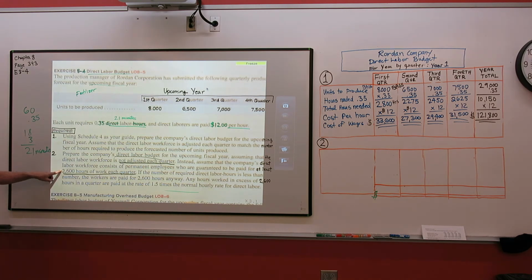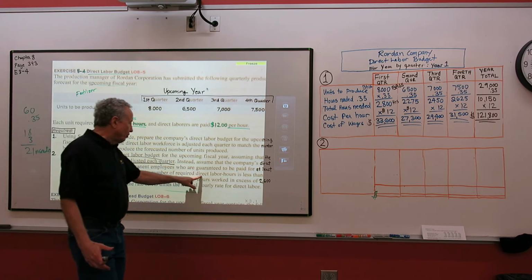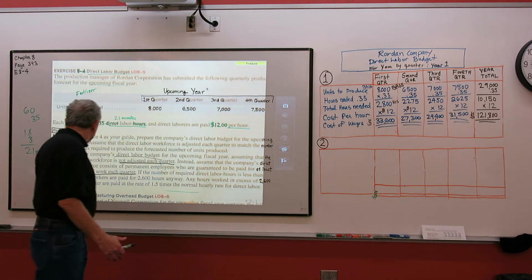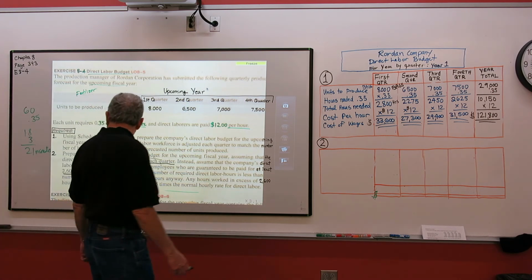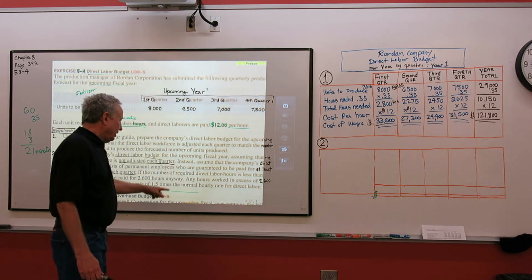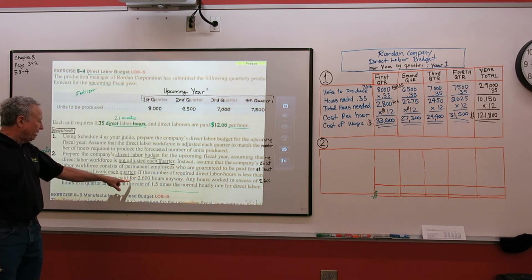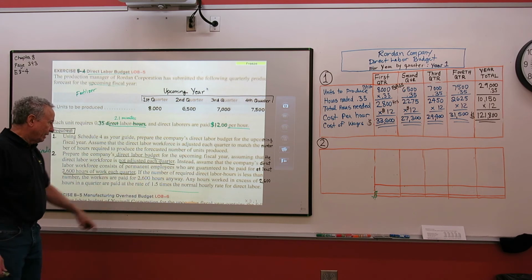So they're really saying, these men and women, whoever they are, we guarantee you 2,600 hours, even if you don't work that. If the number of required direct labor hours is less than the 2,600, the workers are paid for 2,600 hours anyway.